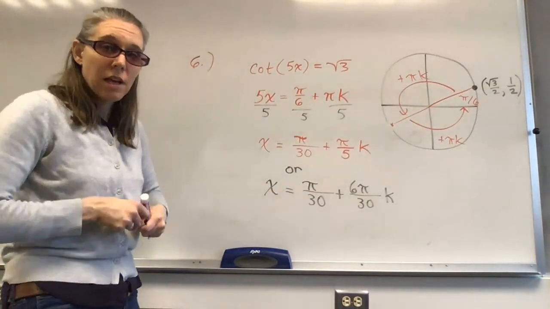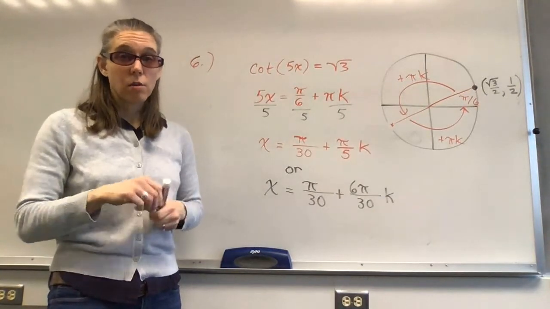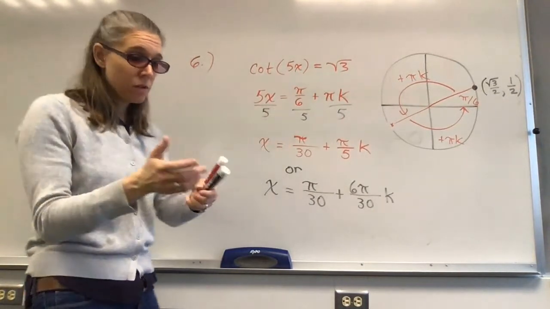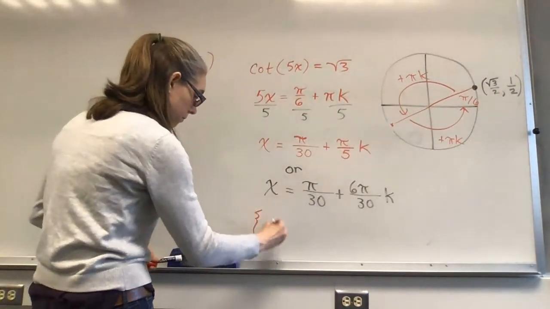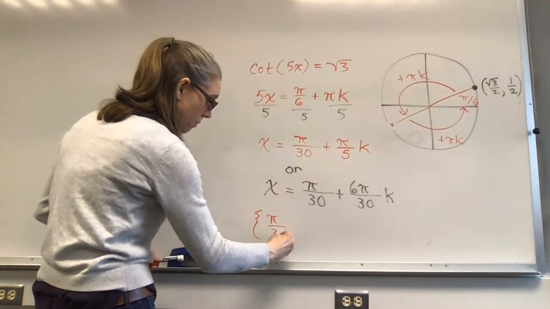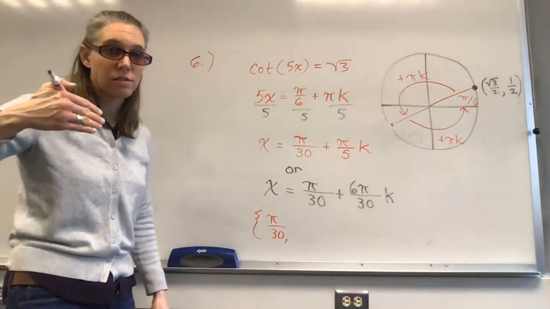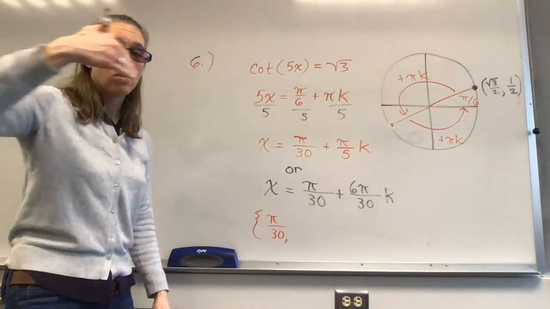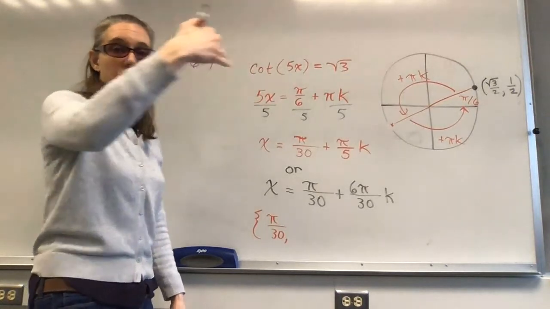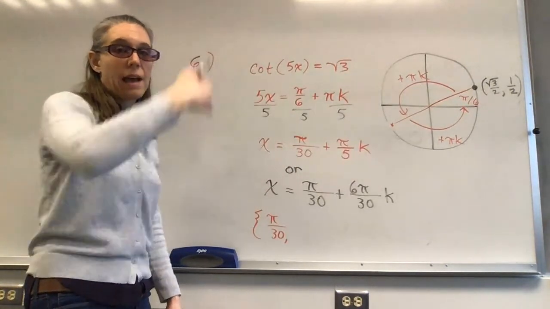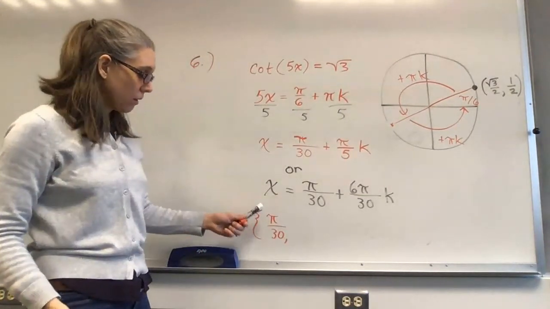The purpose of this is I'm going to start generating solutions. And I get to go all the way from 0 to 2 pi. So my first answer is pi over 30. And now I'm just going to add multiples of 6 pi over 30. So I'm going to start with 6 pi over 30, and then 12 pi over 30, 18 pi over 30, 24 pi over 30. I just keep adding on 6 pi over 30 to the previous answer.